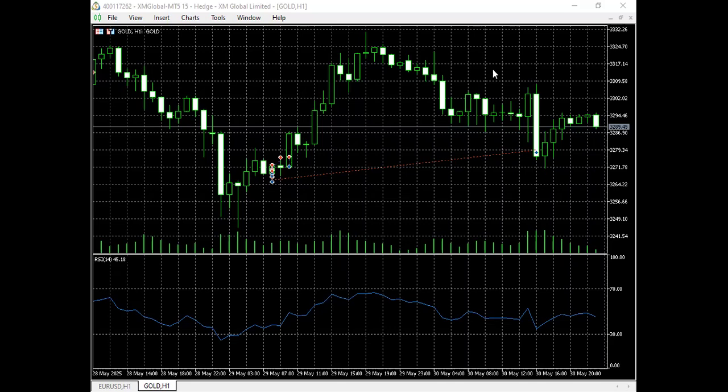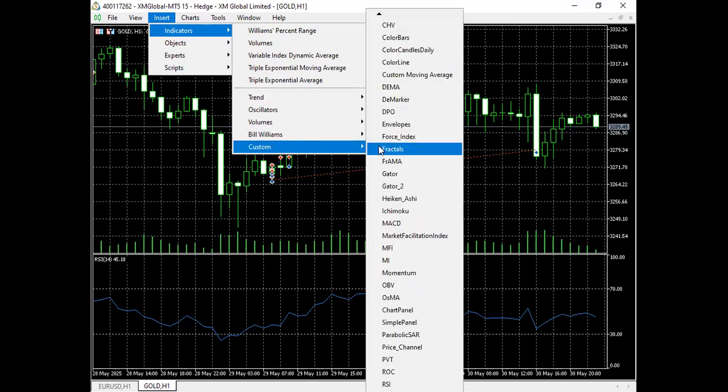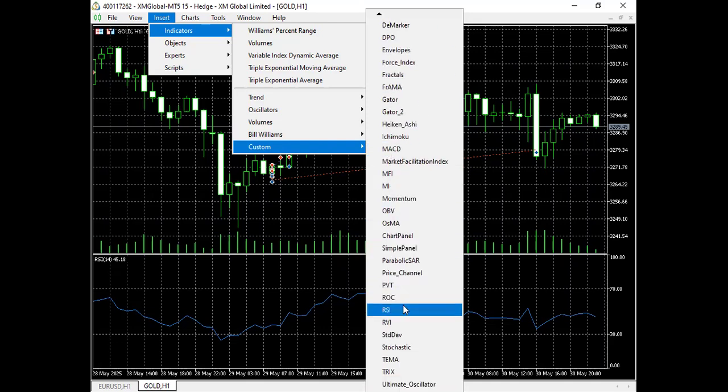This strategy is the RSI indicator. For those who don't know how to put it on, when you open your chart, you go to Insert, then Indicators, then Custom, and you scroll down and find RSI.